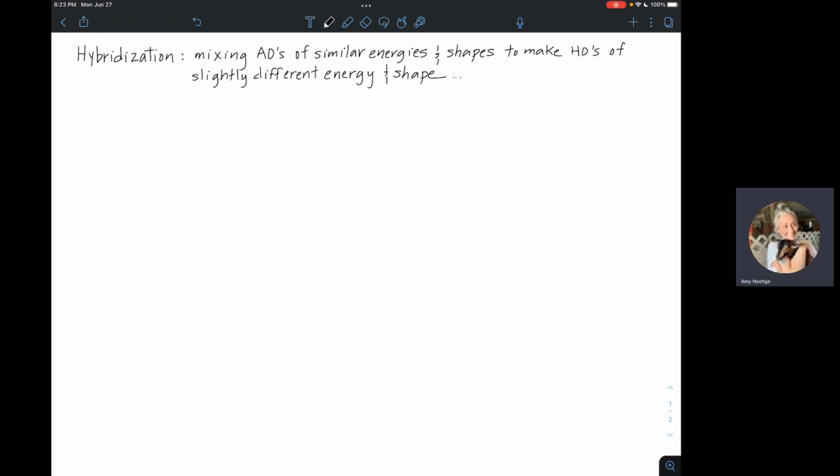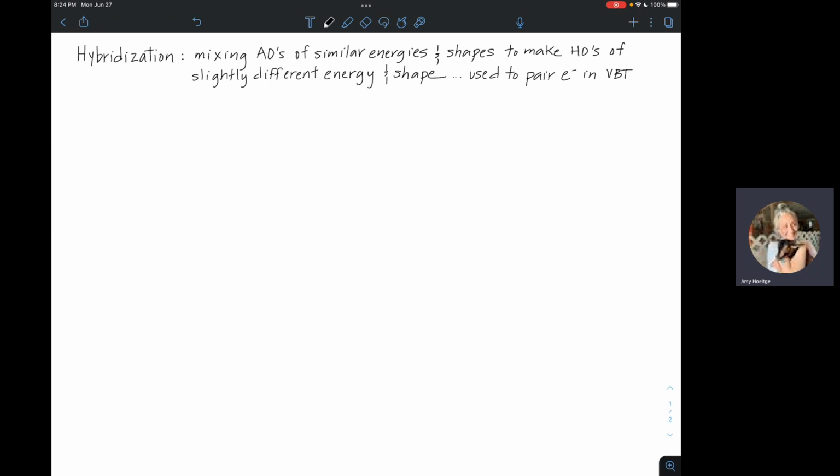And this right here is what we're going to use to pair electrons in valence bond theory. I'm going to abbreviate that VBT.